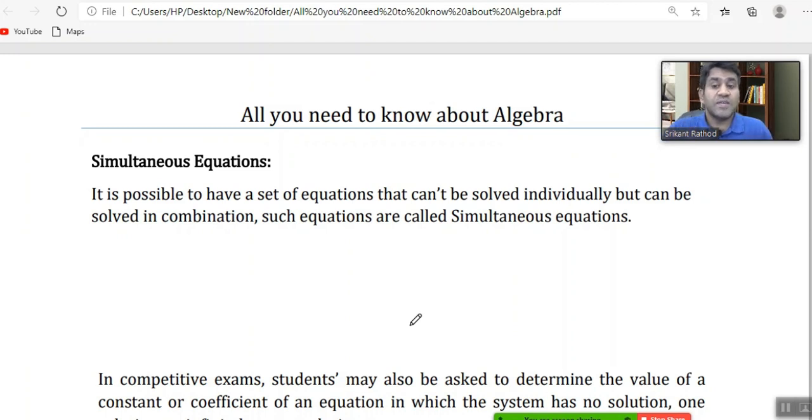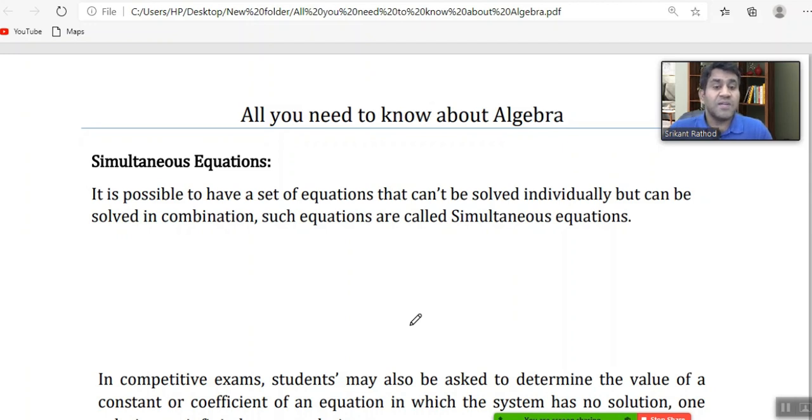The second type of question: they ask what the value of x or y is, so they give you simultaneous equations or a word problem. From that word problem they expect us to create simultaneous equations, and after that they may tell you to solve or they may just keep the expression itself as the answer choice. So this is the second type.